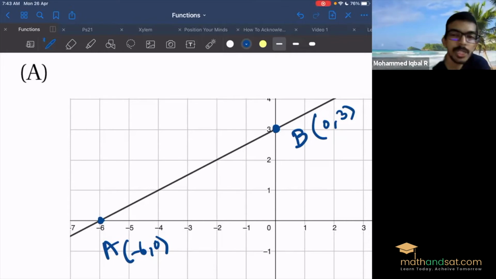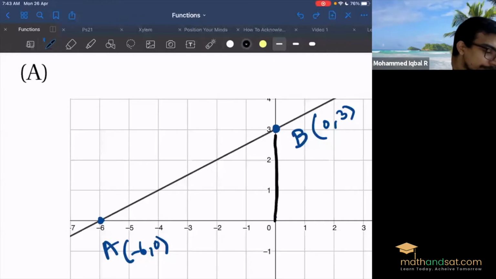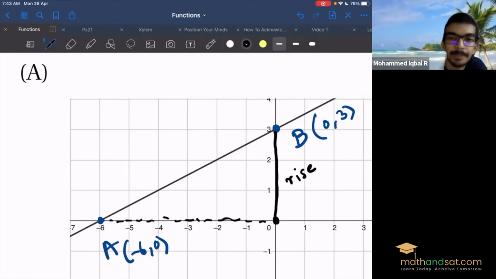Initially the y coordinate was 0 and finally it becomes 3. So you're going from 0 to 3. We are talking about this length, this is your rise. What is the run?